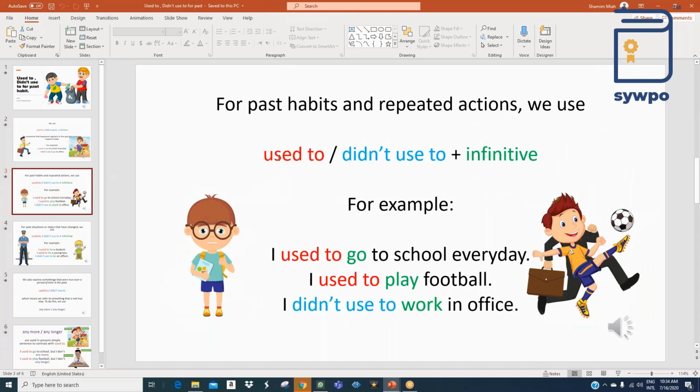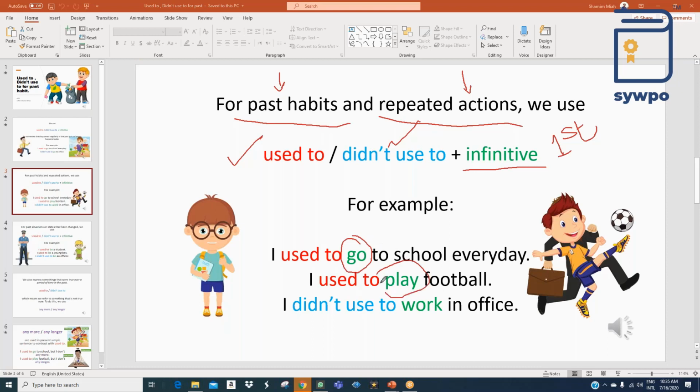Now, for past habits and repeated actions, we use used to and didn't used to. What we do when we use used to and didn't used to, we need a verb that has to be the first form of the verb. For example, look at this verb go, look at this verb play, and the verb work.